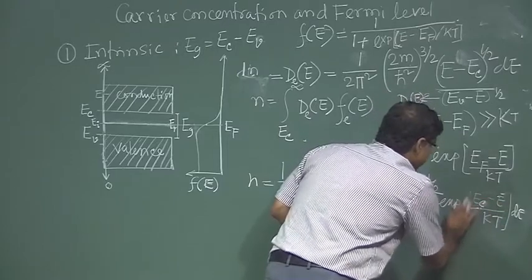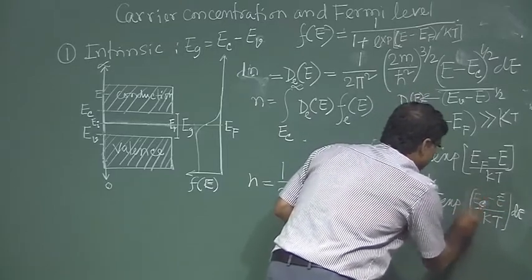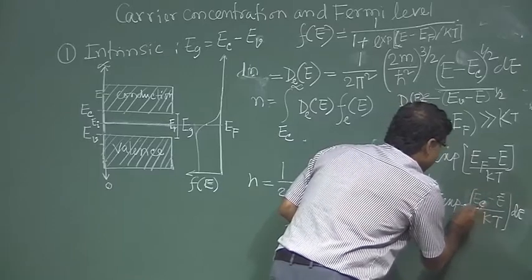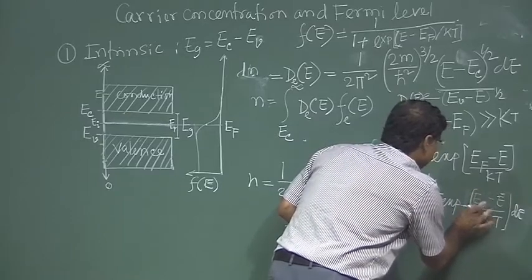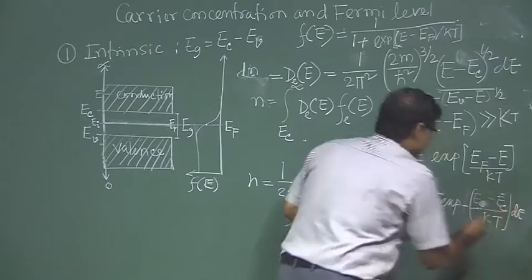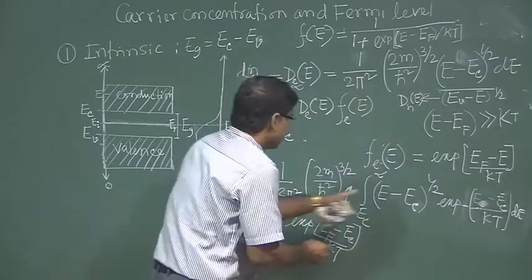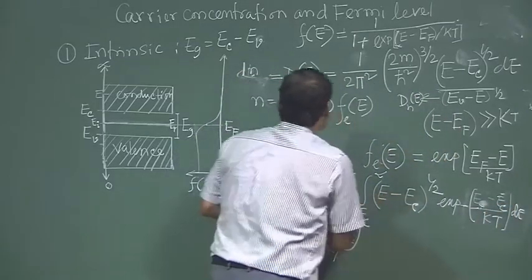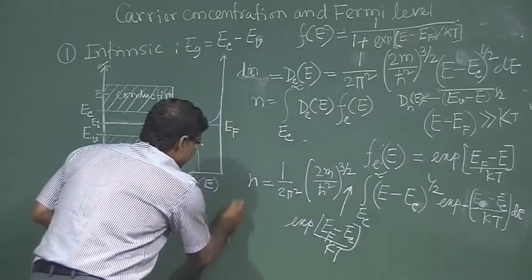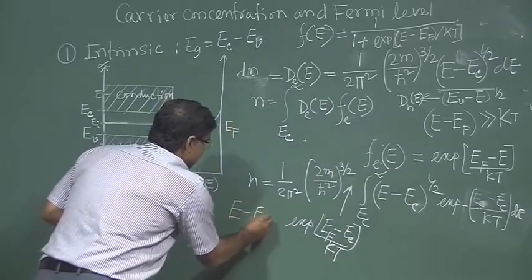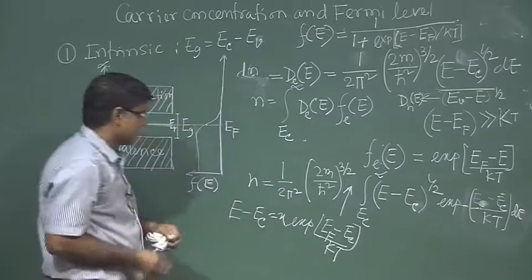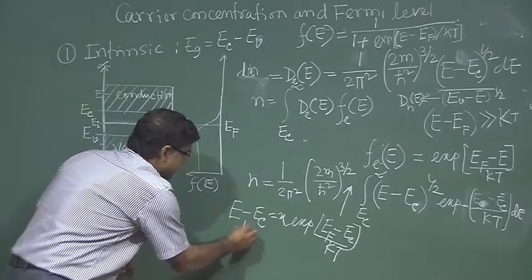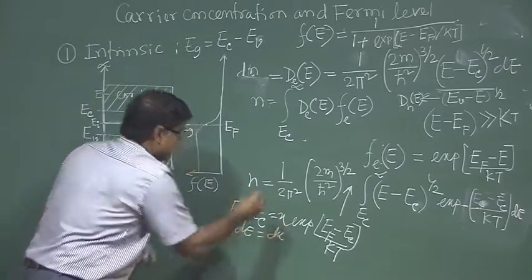So, I can write minus E minus EC, okay. If you take E minus EC equal to x, then dE equal to dx.